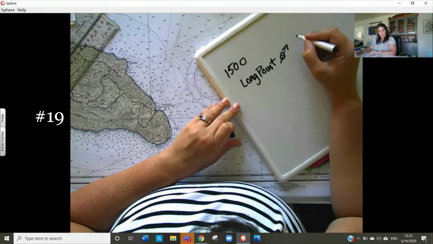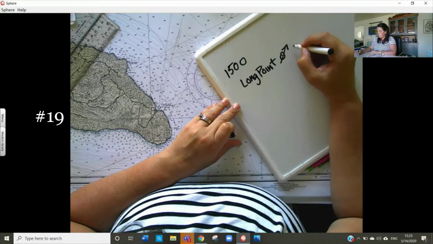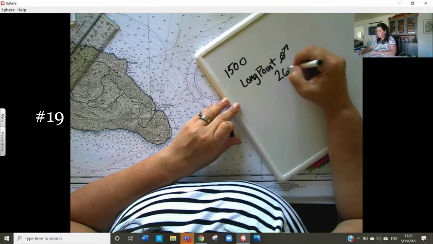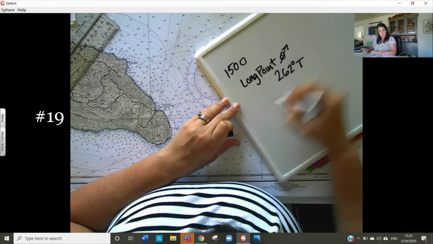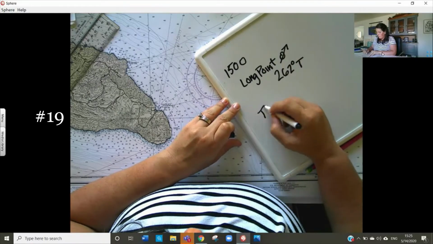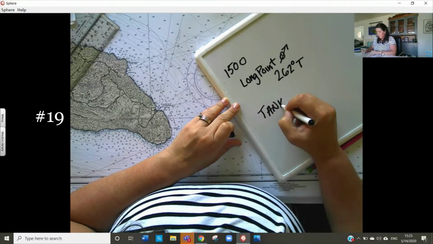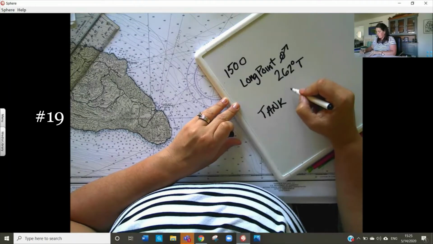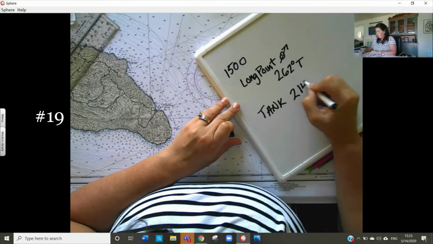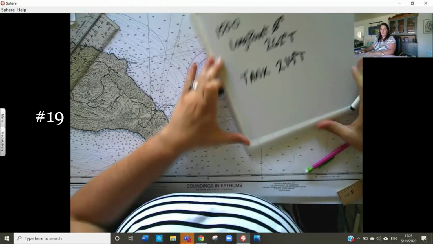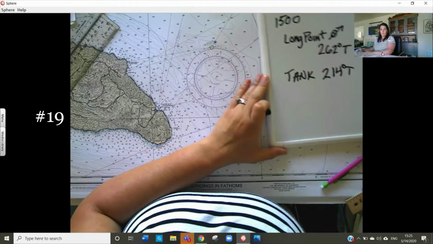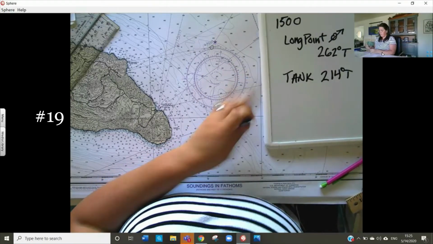We have Long Point bearing 262 degrees true, and we have the tank at Pebbly Beach bearing 214 degrees true. So we want to plot both of those.